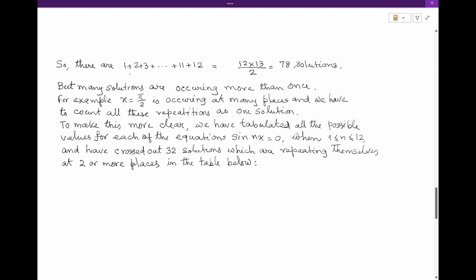To make this more clear, we have tabulated all the possible values for each of the equations sin nx is equal to 0 when n is between 1 and 12, both included. And we have crossed out 32 solutions which are repeating themselves at two or more places in the table below.